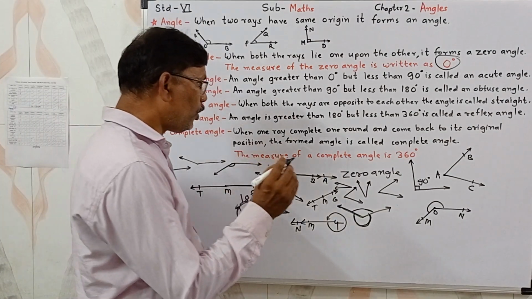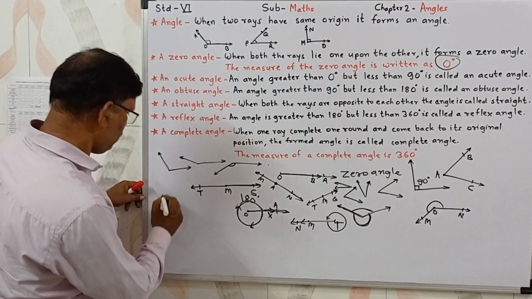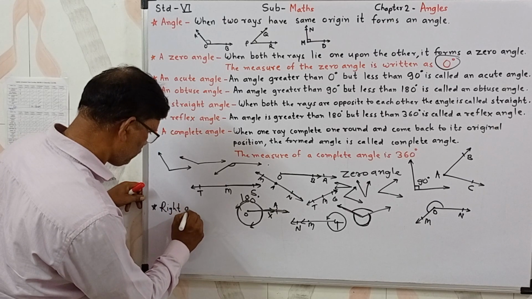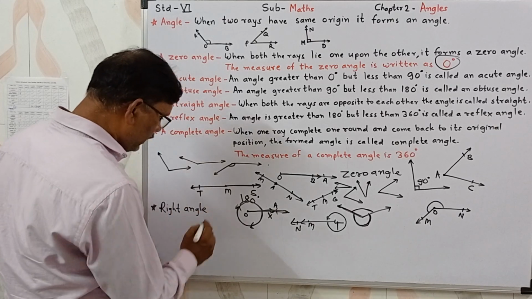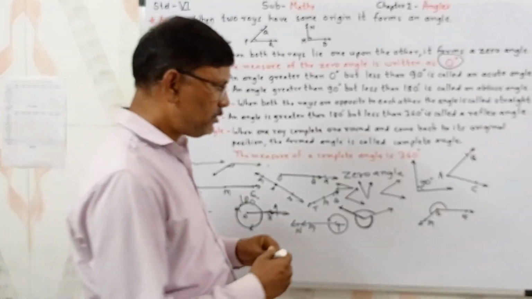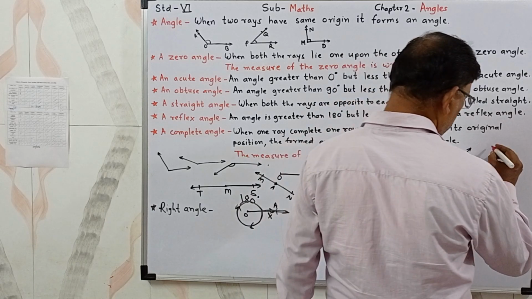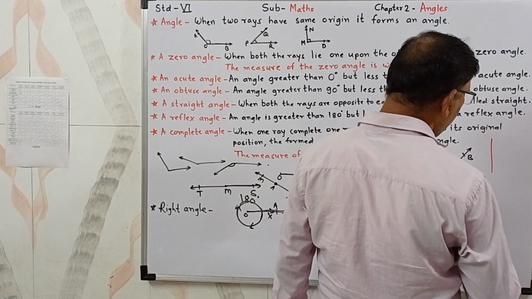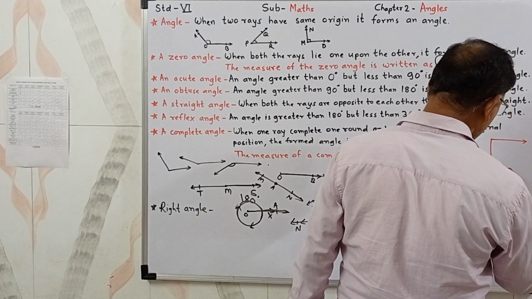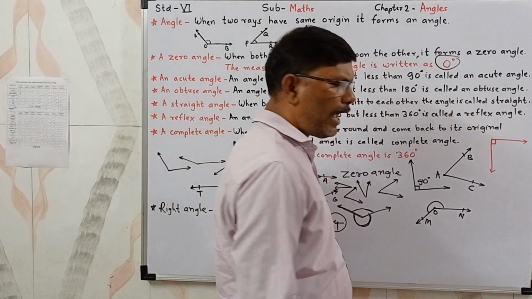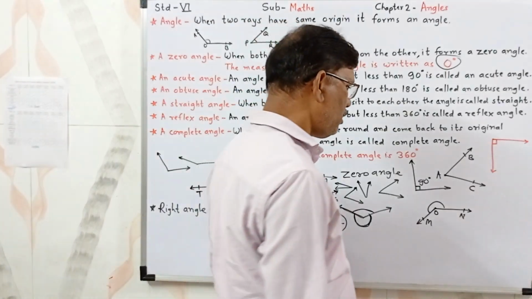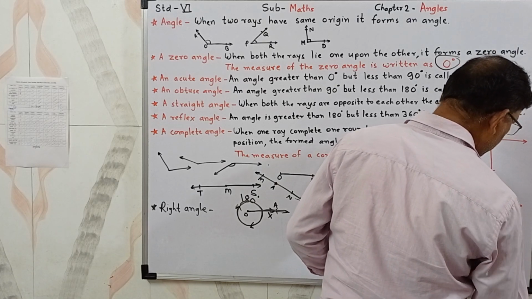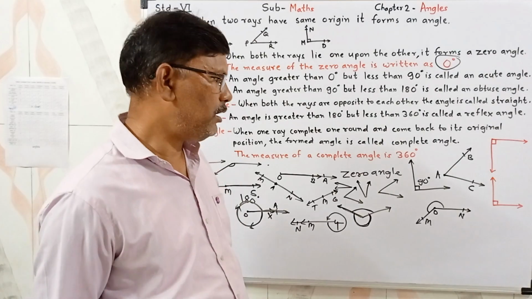Then we learned the right angle. Right angle means when a vertical line and a horizontal line come together and form an angle, it is called a right angle.